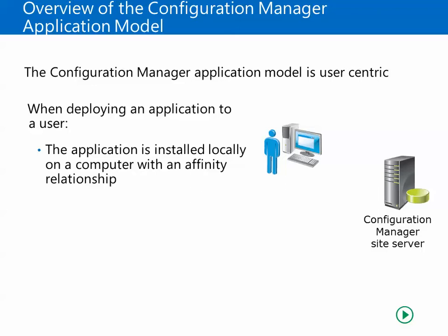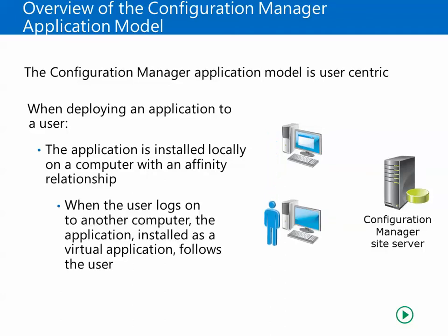That will be his primary device. Getting? So these are my computers where I logged in. So in one computer locally it will be installed. When the user logs on to another computer, that application will be installed as a virtual application and follows the user.